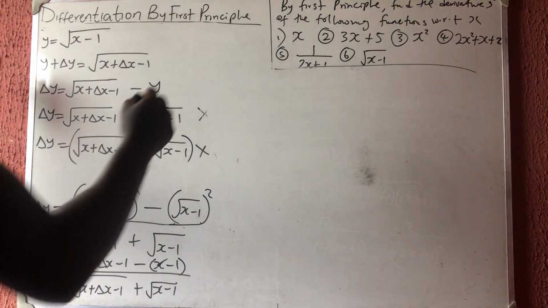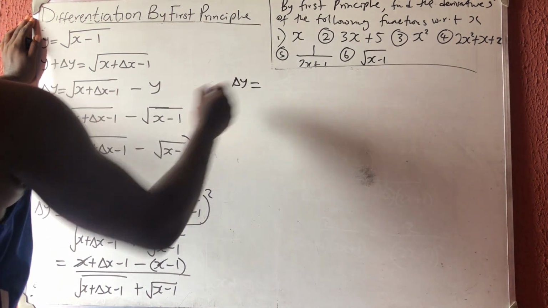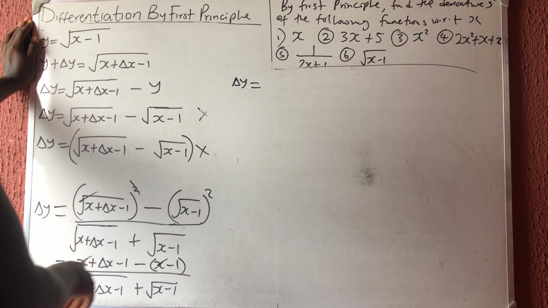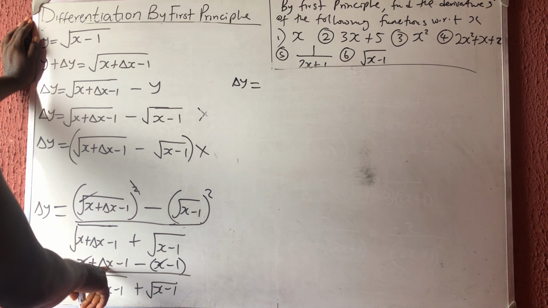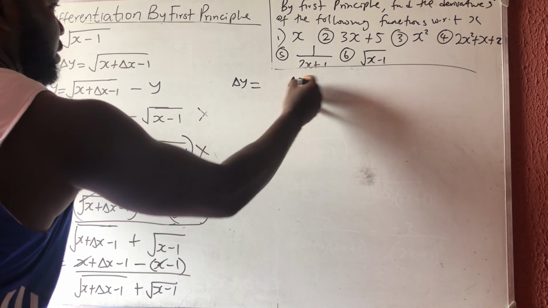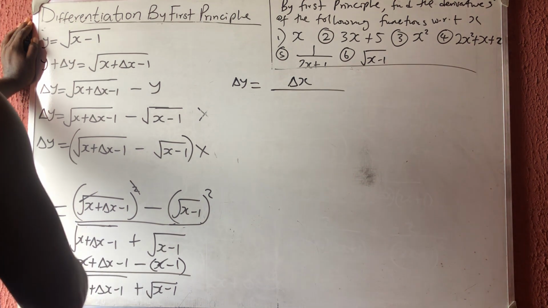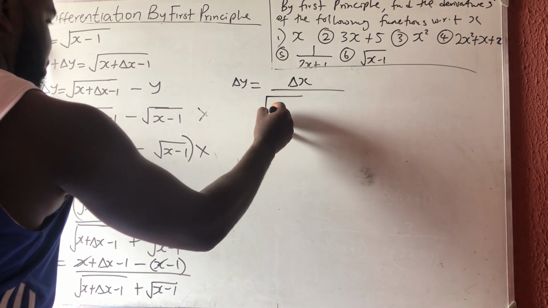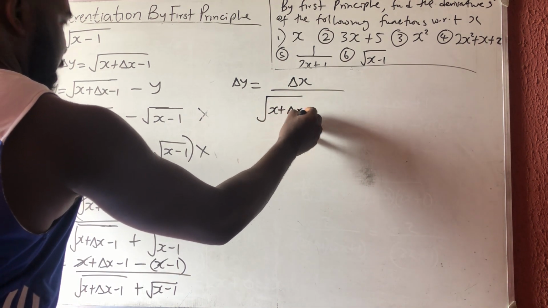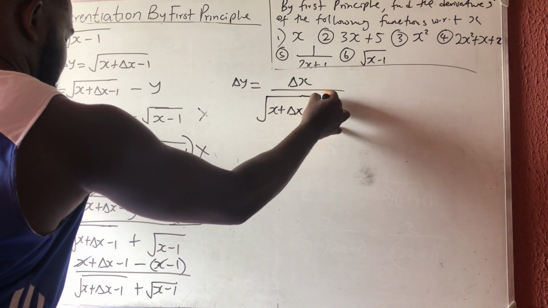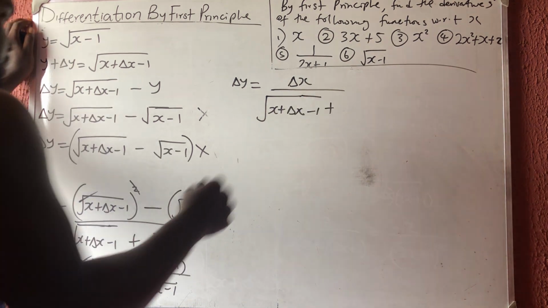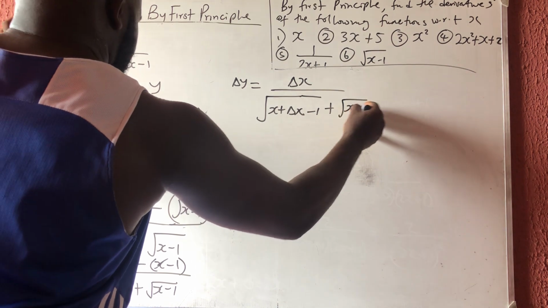So I'm left with change in y is equal to, the only thing remaining up here is change in x. So change in x all over the square root of x plus change in x minus 1, plus the square root of x minus 1.